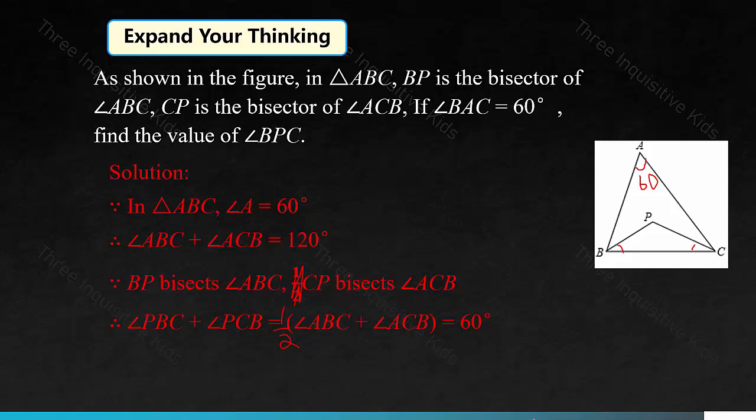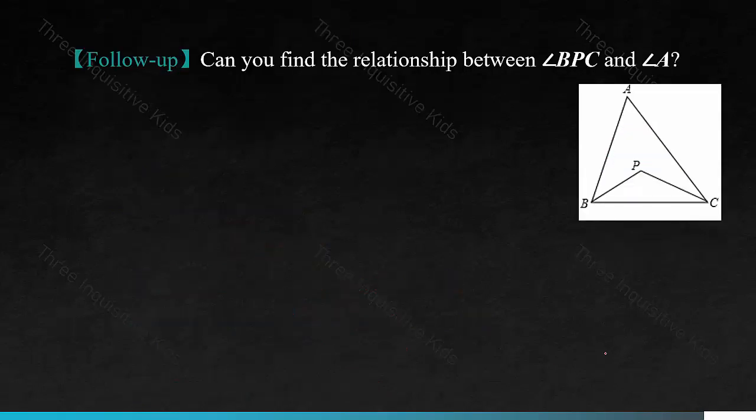We know this equals 60 degrees because if we multiply 1/2 to the left side of the equation, we also have to multiply 1/2 to the right side. So half of 120 is 60. Because angle PBC plus angle PCB plus angle BPC equals 180 degrees, therefore angle BPC equals 120 degrees. So that's our answer.